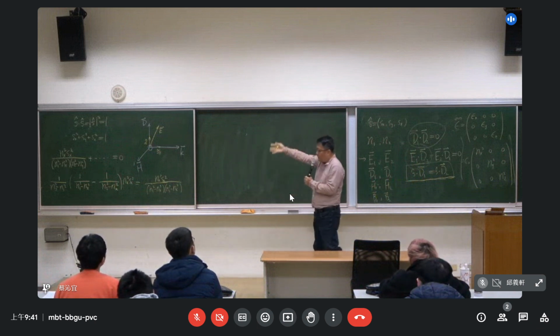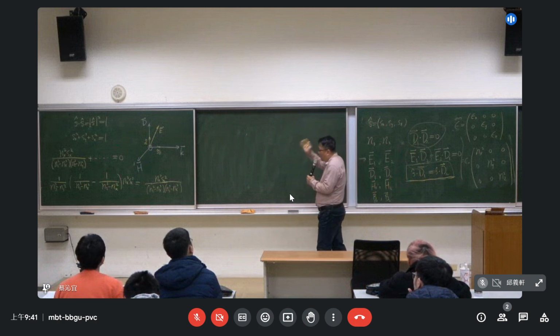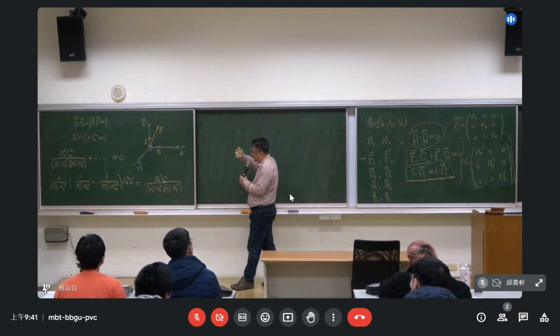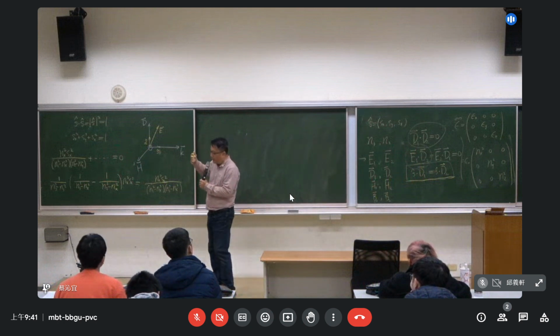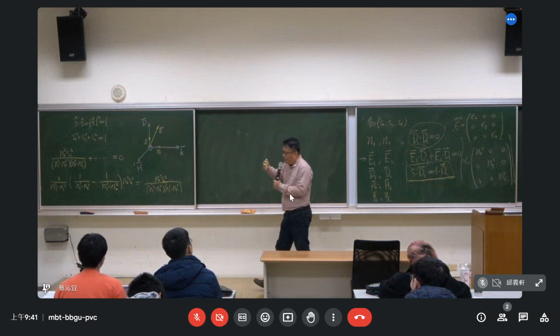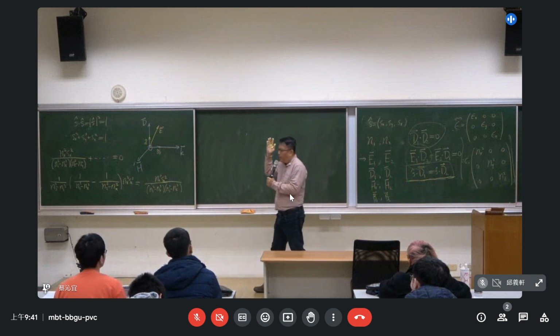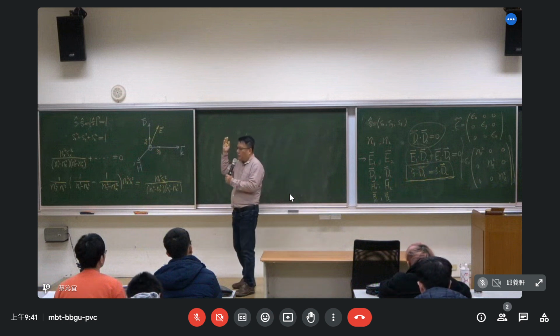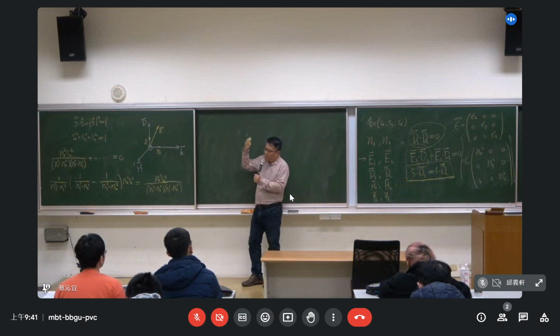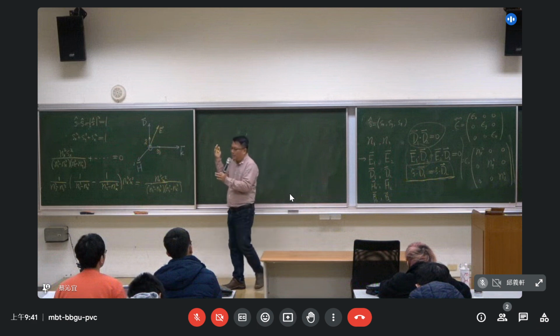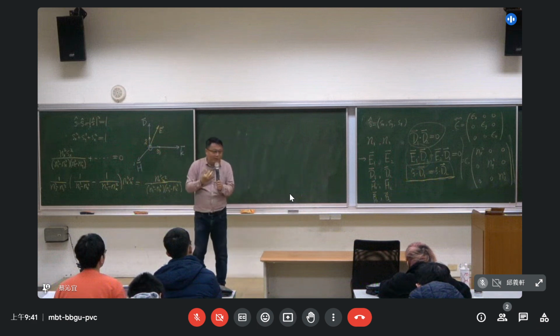the k vector direction, we know that the E vector is perpendicular to the k vector. However, the E vector can be along any possible direction. The only restriction is that the E vector is perpendicular to the k vector.